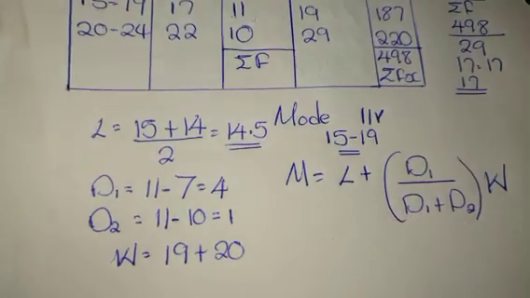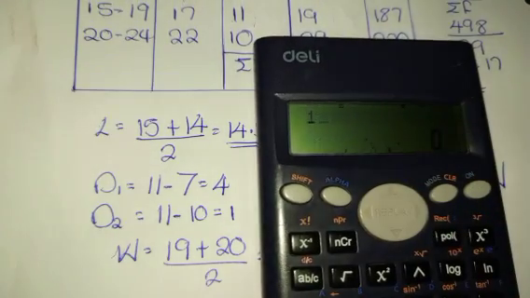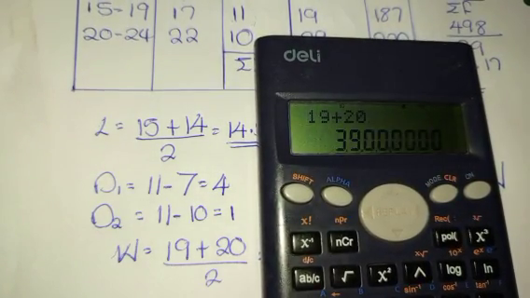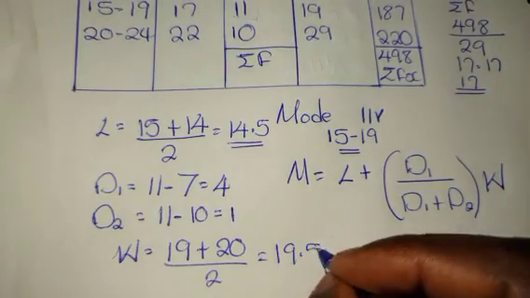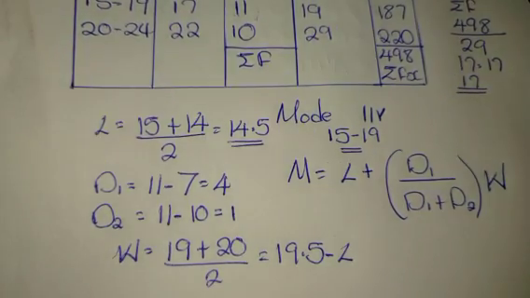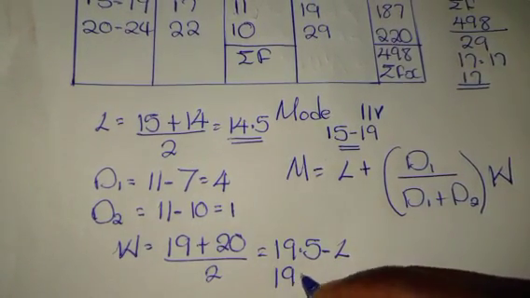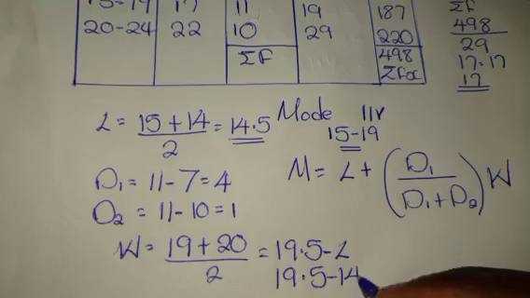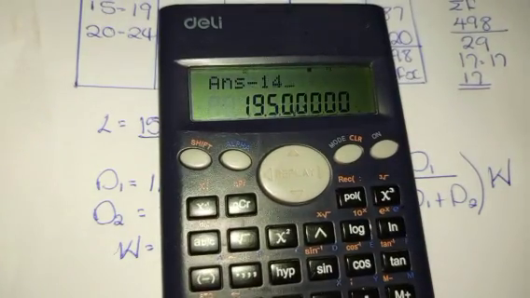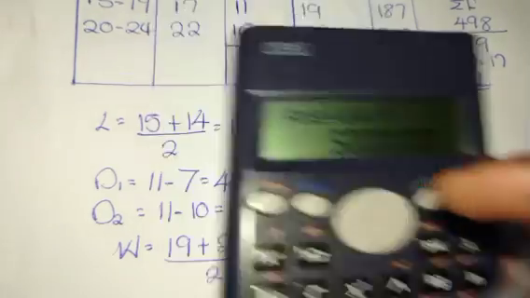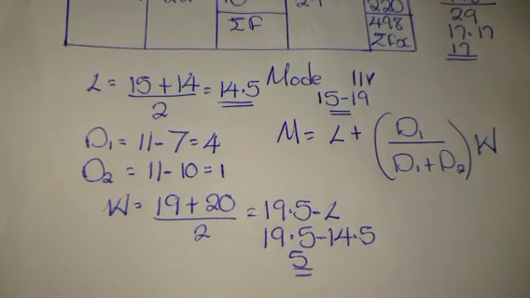So you add 19 plus 20, divide by 2, and you get 19.5. You subtract this with the lower boundary of the class, which was 14.5. So 19.5 minus 14.5 is 5. So 5 was the width of the class.